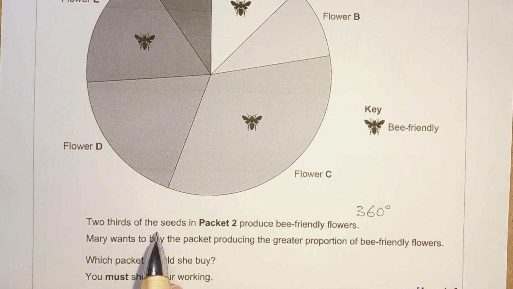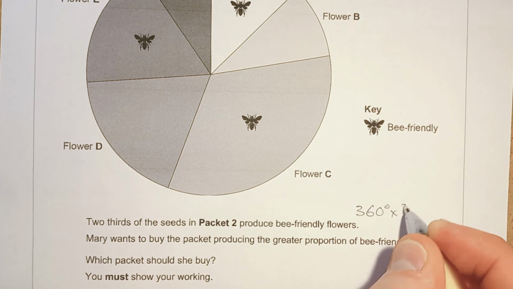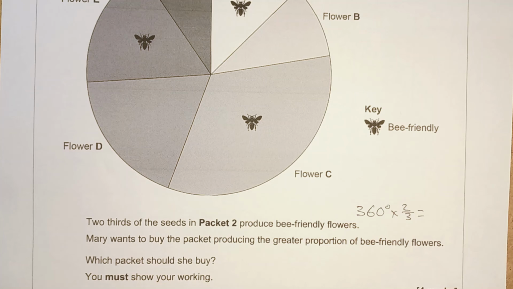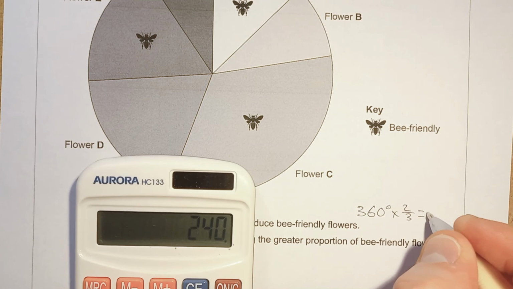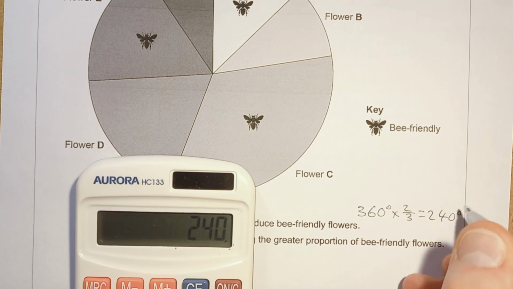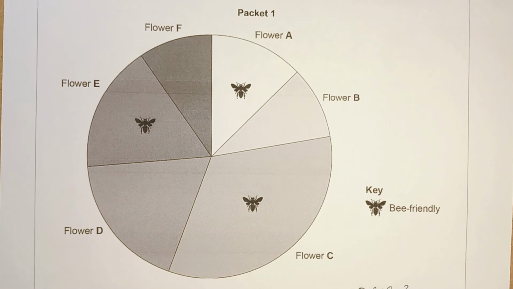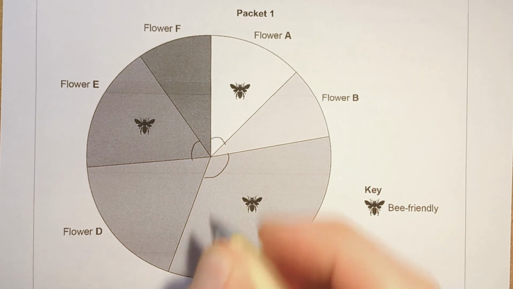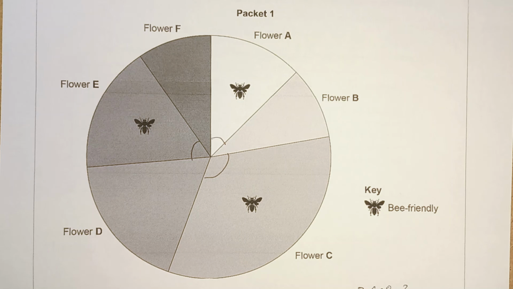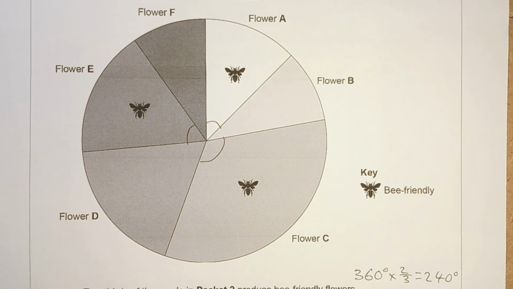And if 2/3 in packet 2 are bee-friendly, well, 360 times 2/3 gives me 240 degrees. So if these 3 angles add up to more than 240 degrees, then packet 1 is going to be better. If not, then packet 2 is going to be better.